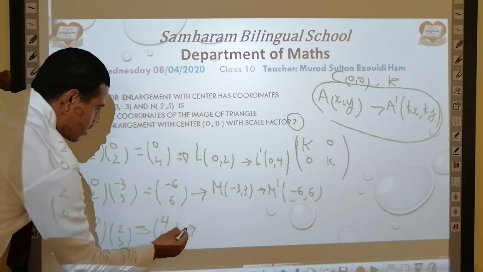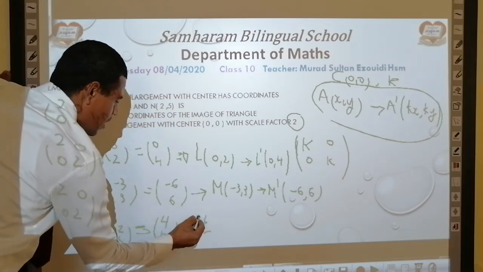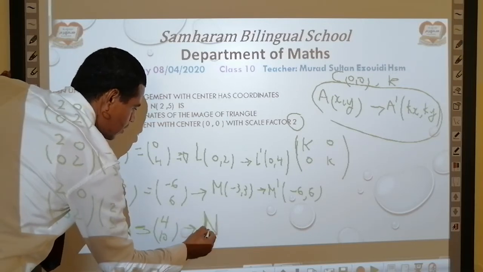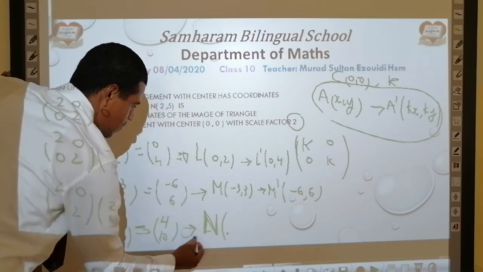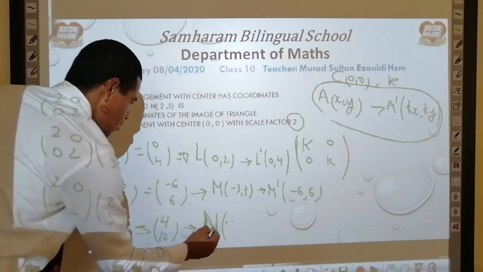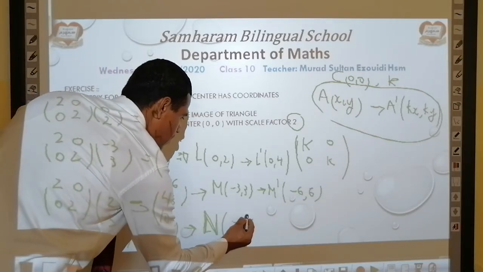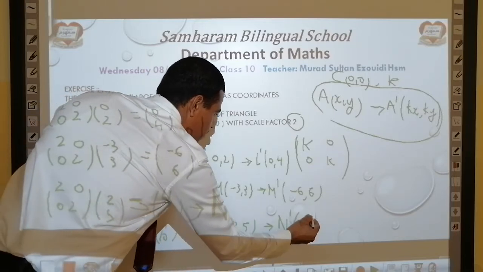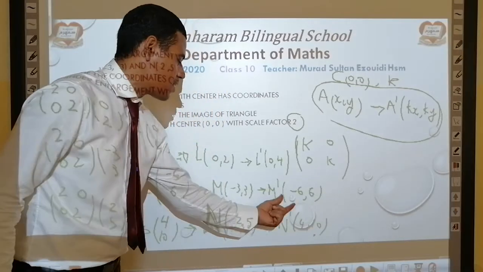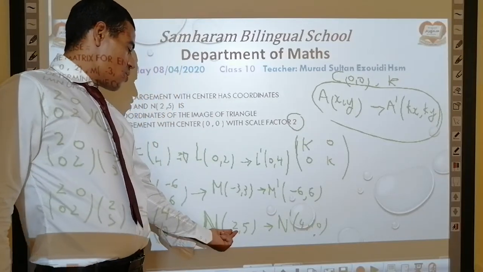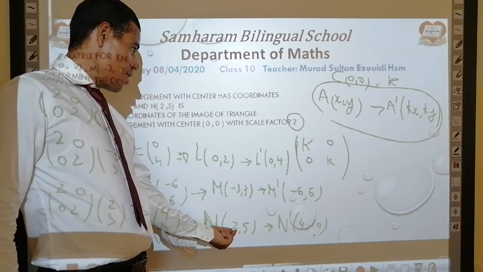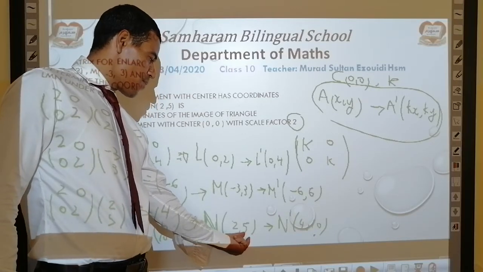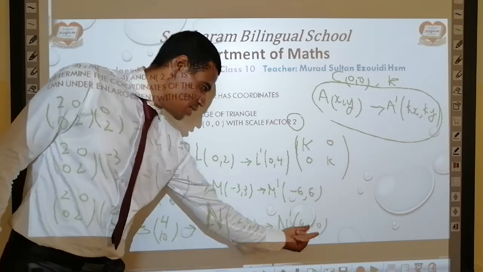So N of coordinates 2, 5 maps to N prime 4, 10. Means that you multiply the x coordinate, which is 2, by 2, it will be 4. Then you multiply the y coordinate, 5 by 2, is 10.